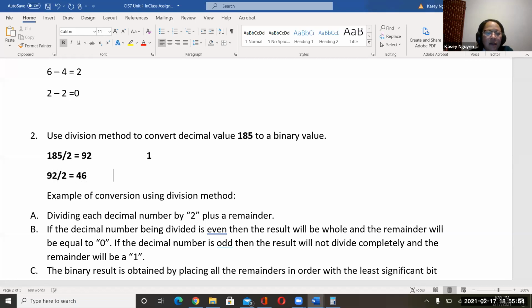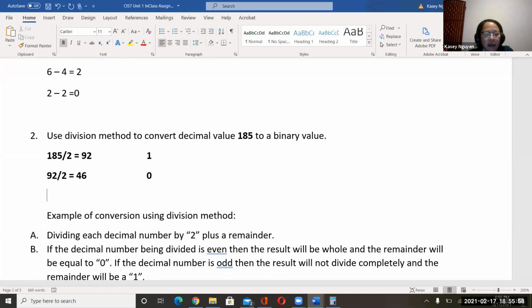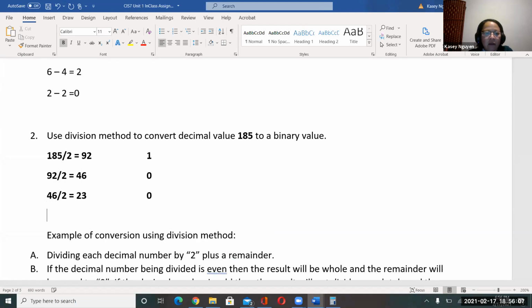46 with no remainder. And then 46 divided by 2, that's going to be 23. Again, no remainder.